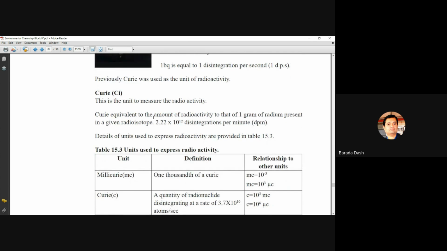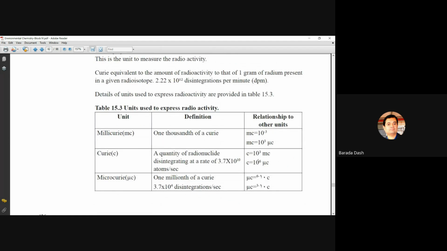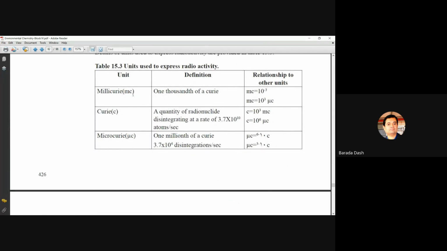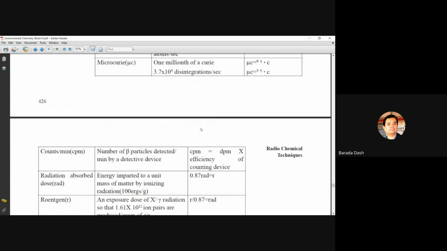One curie is equivalent to the radioactivity of 1 gram of radium, which is equal to 2.22 times 10 to the power 12 disintegrations per minute. These are units: millicurie, curie, and microcurie. These are the different units of radioactivity.